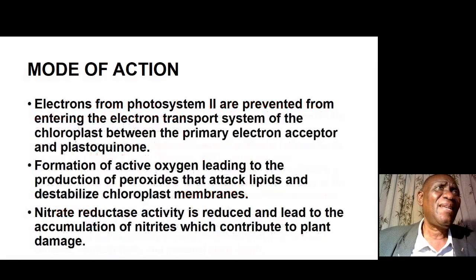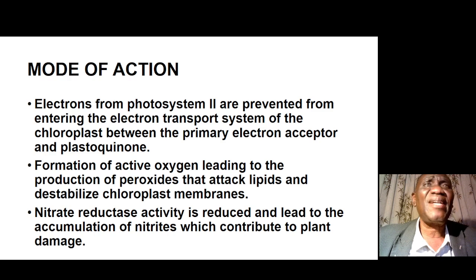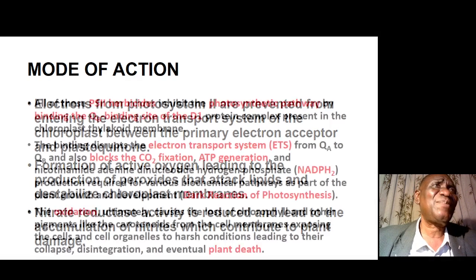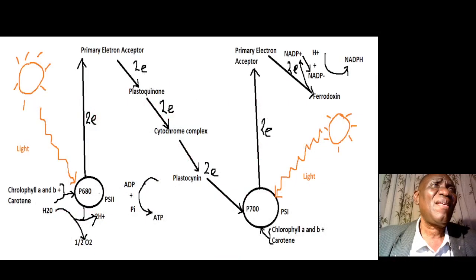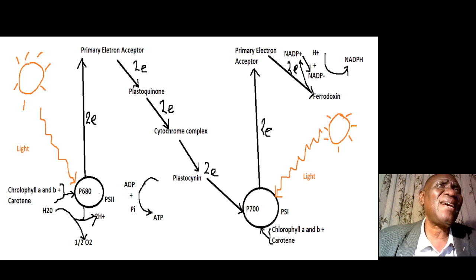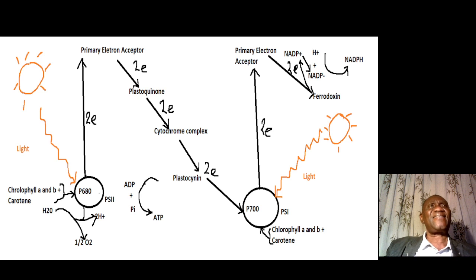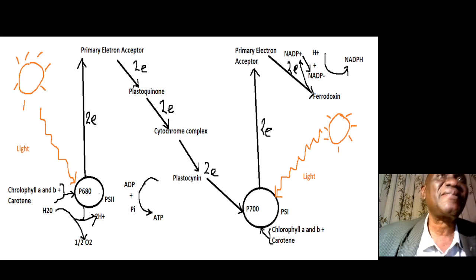But knowing this is quite sufficient, as long as you know that triazines affect photosynthesis. They can block electrons, leading to the death of the plant. So this is photosynthesis. Between the primary electron acceptor and the plastoquinone there at the top, that is going to be affected by the triazines, and the whole process is going to collapse.